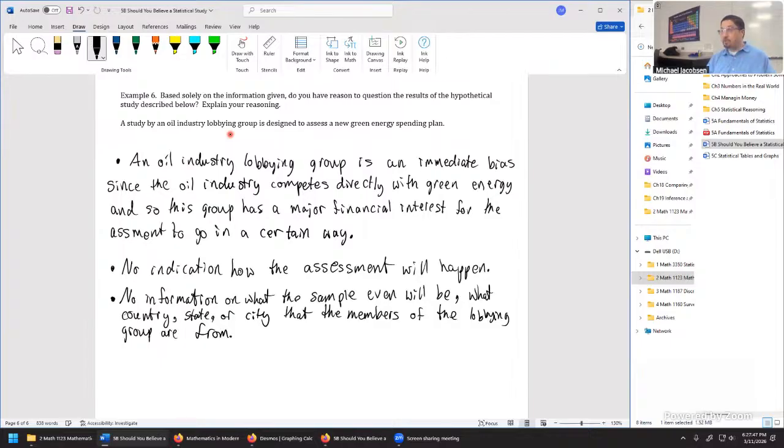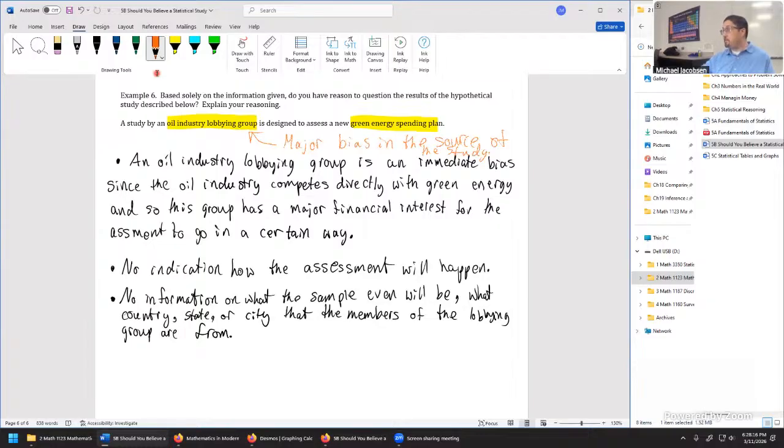But again, major red flag is once again, the oil industry lobbying group are assessing something that is competing directly with them. This is just a major bias in the source of the study, just right out of the gate.